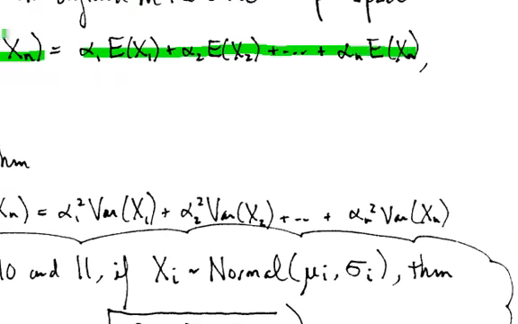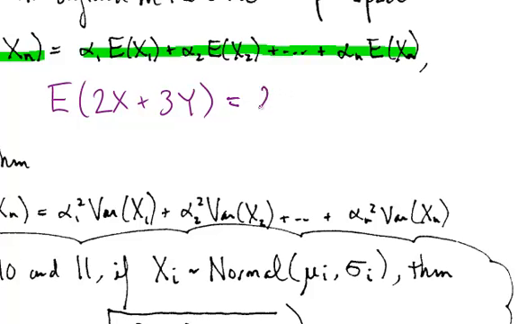Maybe it's nice to give an example here that might help. So let's turn the pen on. Let's do a totally new color. Let's do purple. Let's say you want to find the expected value of 2x plus 3y, where x and y are random variables that have certain means.